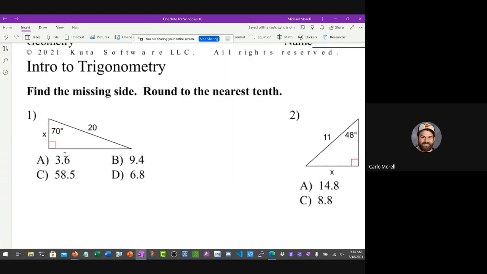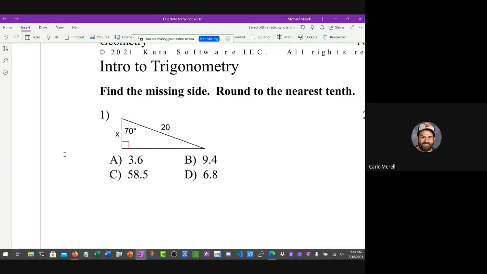So trigonometry helps us find missing sides when we don't have enough information to use the Pythagorean theorem. So let's look at number one. We want to find the height of the triangle.